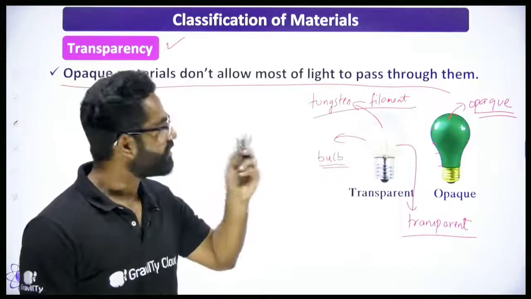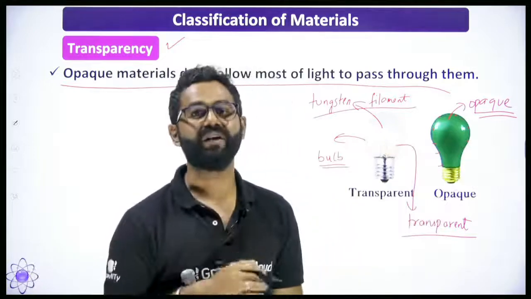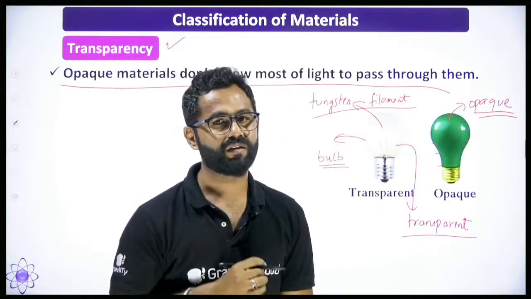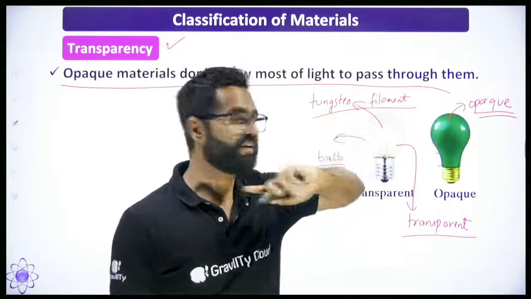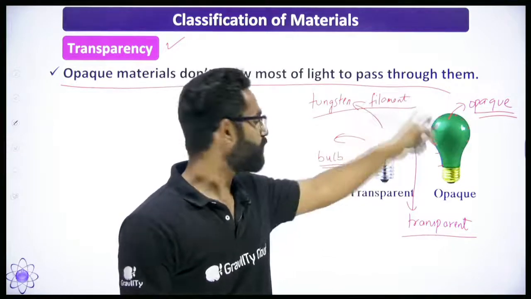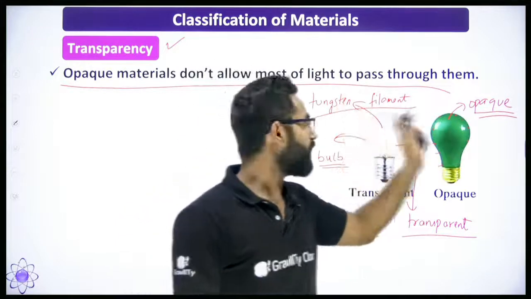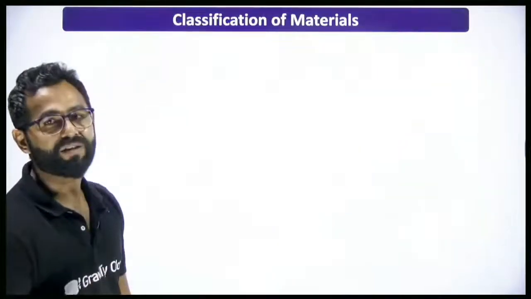Because now you cannot see inside the bulb. We cannot see what is there inside the bulb, right? Can you see the filament? Can you see the tungsten inside the bulb? No. In this bulb we can see, but in this bulb we cannot. That means this bulb is opaque in nature, right? It does not allow the light to pass through it.